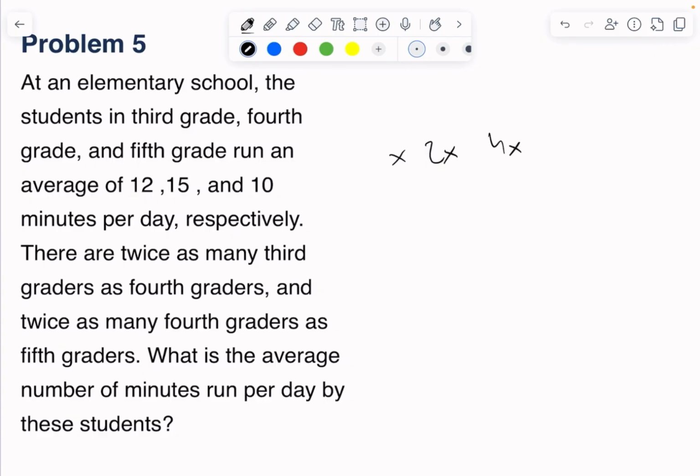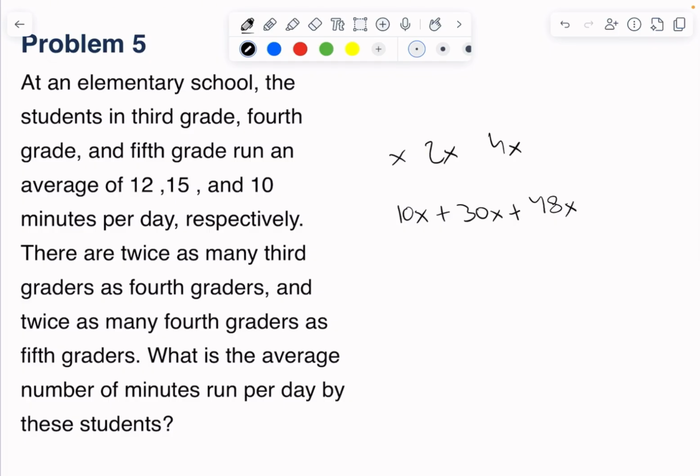The X 5th graders run 10 minutes per day, so we get 10X minutes. Now there's 2X 4th graders, and they run 15 minutes per day, so we get 30X. And then there's 4X 3rd graders, and they run 12 minutes per day, so we get 48X.